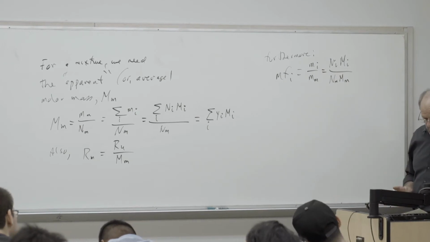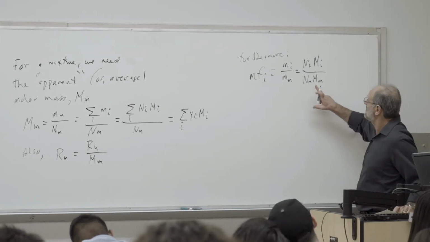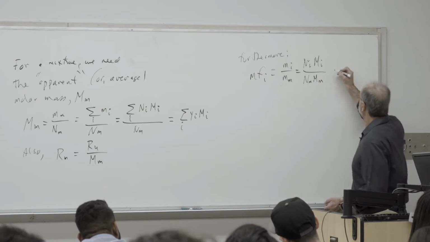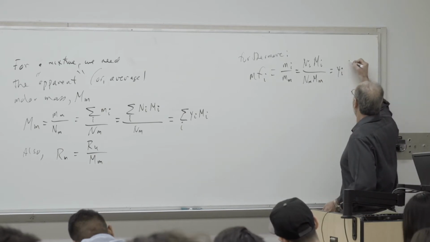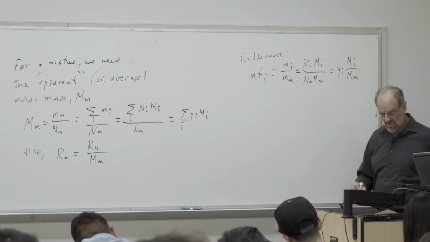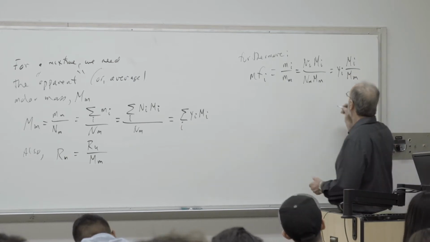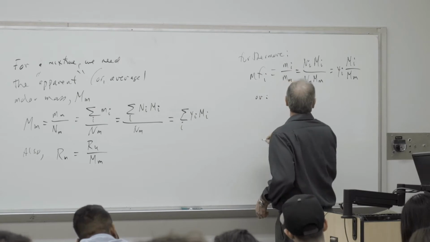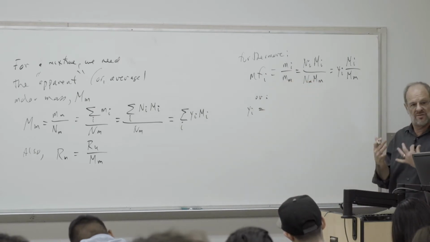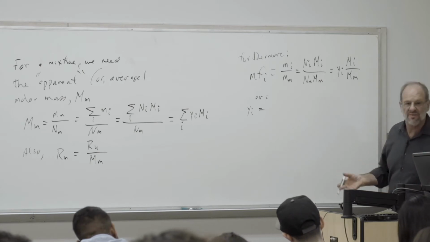And then furthermore, we would note that N_i over N_m is simply the mole fraction. So we could just write this as y_i times the molar mass of component i divided by the molar mass of the mixture. Or sometimes we just rewrite this and express it in terms of the variables that would allow us to find the mole fraction.